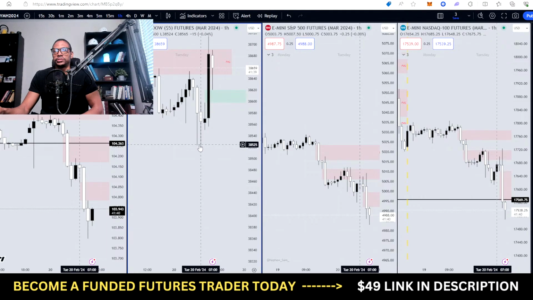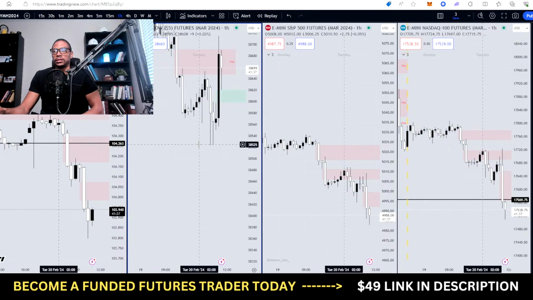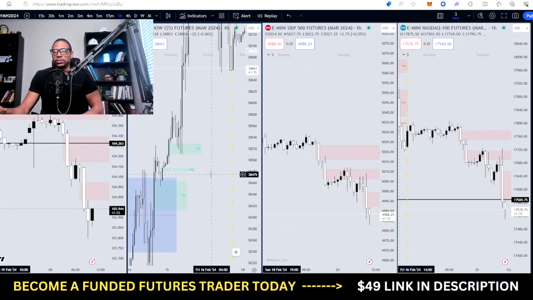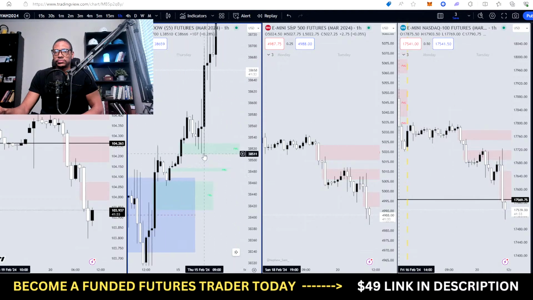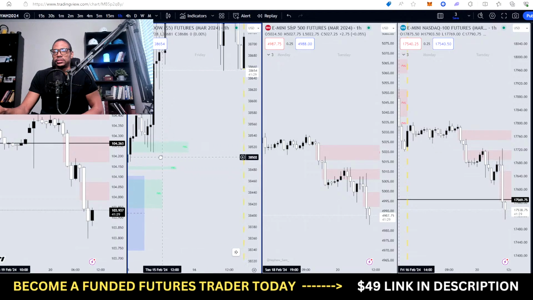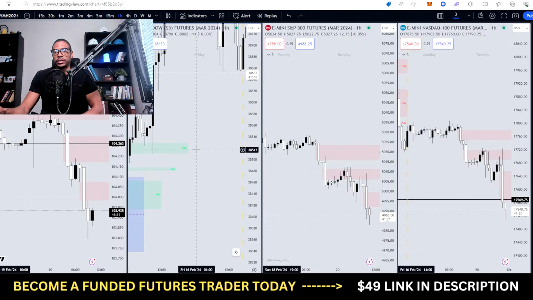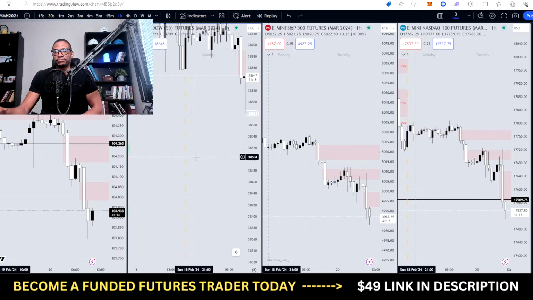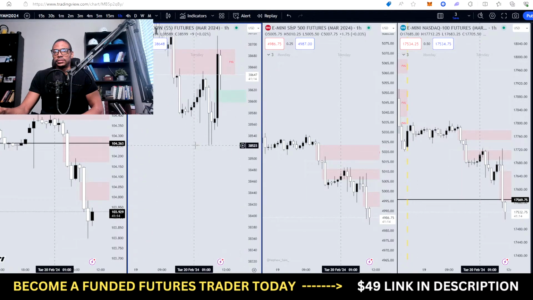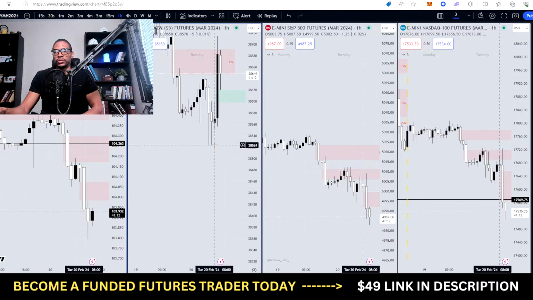I think this is where it's going to push for first. But to the left, there's another equal low set up here at 38,512. But keep in mind, there's also a bullish fair value gap here. So when it hits this area, it should slow down and either bounce up a little bit. But I would say the first level is right here at 524.